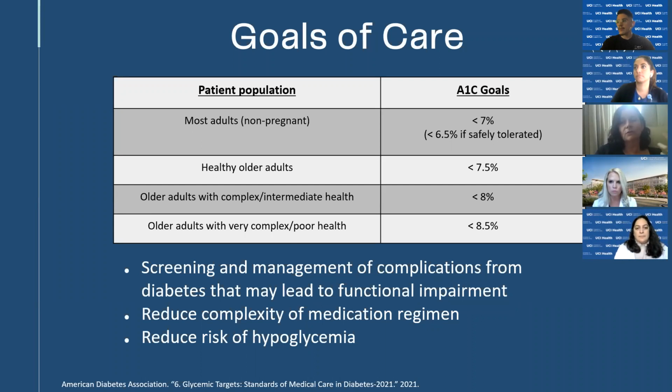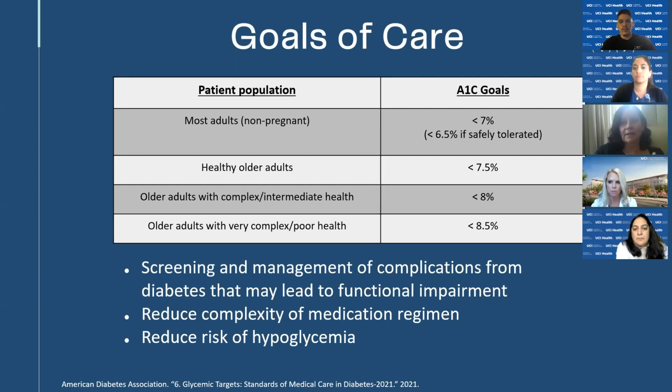And really what you're doing with diabetes is trying to prevent functional impairment that results from it. That's really the key in managing this disease. You don't necessarily have to chase blood sugars. Obviously, you want to avoid hypoglycemia, but we're a little bit less worried about higher blood sugars.